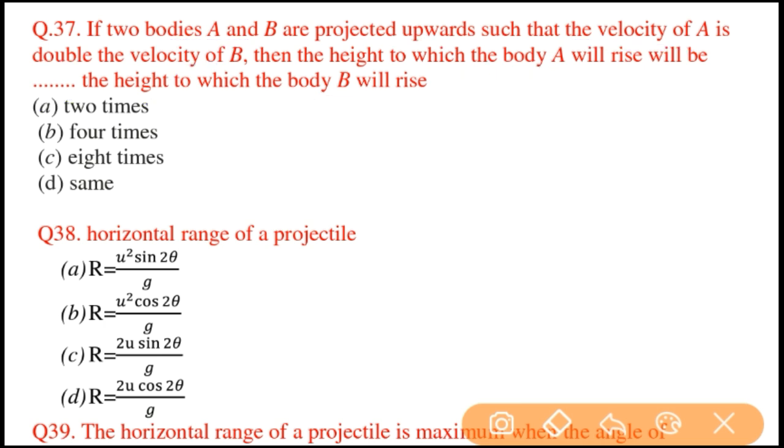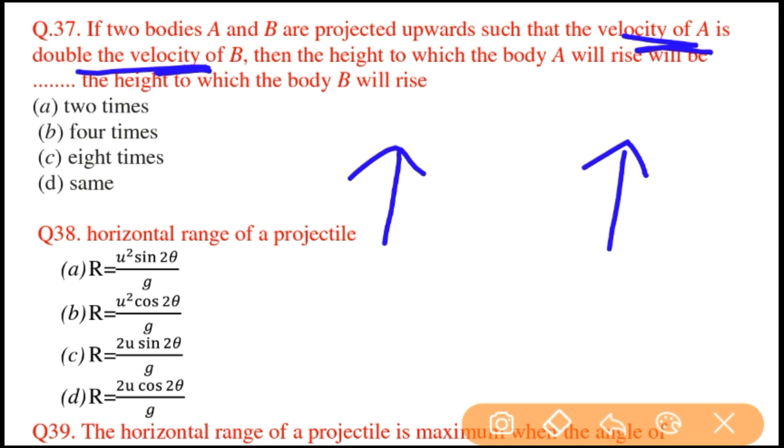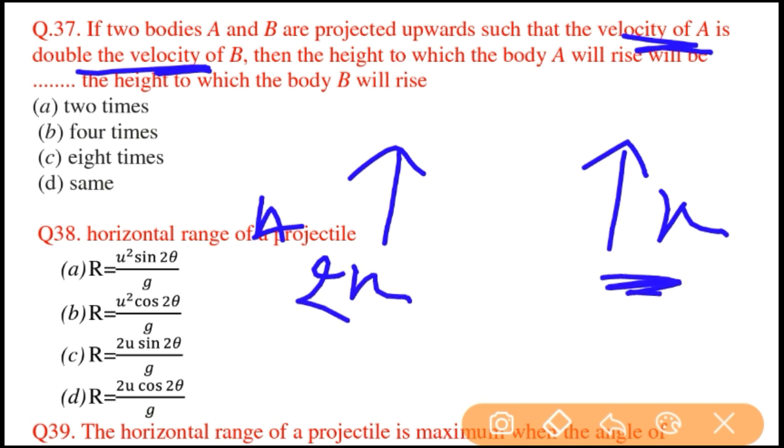Let me give you a clear understanding of this question. We have two bodies, A and B, which are projected upward, and the velocity of body A is double the velocity of B. Suppose body B has a velocity of x, then body A will have a velocity of 2x, that is double the velocity of B.